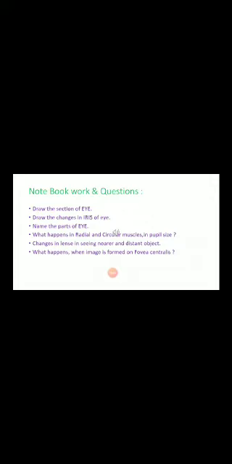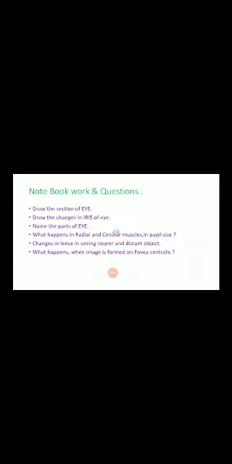Dear students, now I would like to give you some notebook work and questions. Please draw the section of the eye in your notebook. Number 2, draw the changes in the iris of the eye.